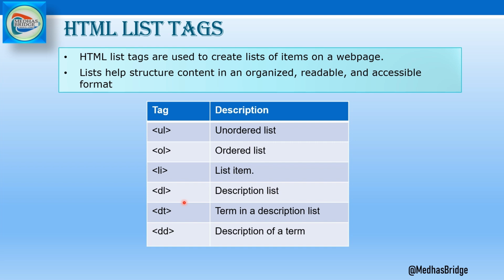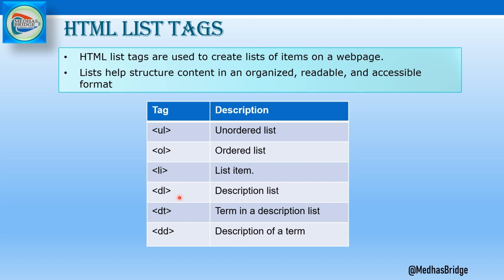You can do that with engineering branches like computer science, electronics, electrical, mechanical, civil. That's again a list. So are programming languages like Python, HTML, CSS, correct? These are all called a list.